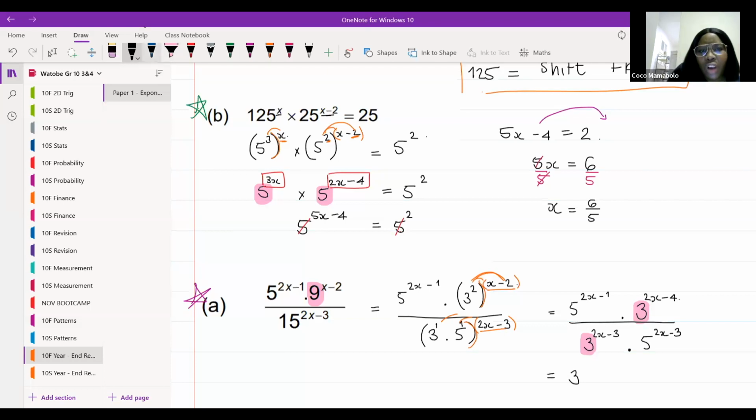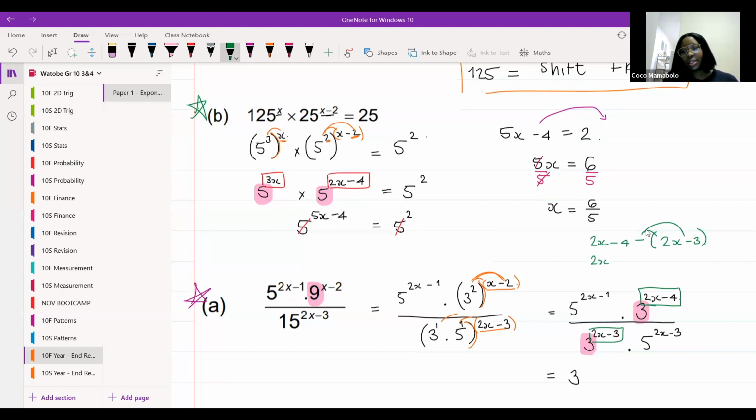I'm going to do it over on the side here so that we don't get lost. Okay, so I'm going to say 2x minus 4, the top part, 2x minus 4 minus the bottom part. Do you agree with me? Minus x minus 3. Now, patience, if I distribute this minus in, what am I going to get?